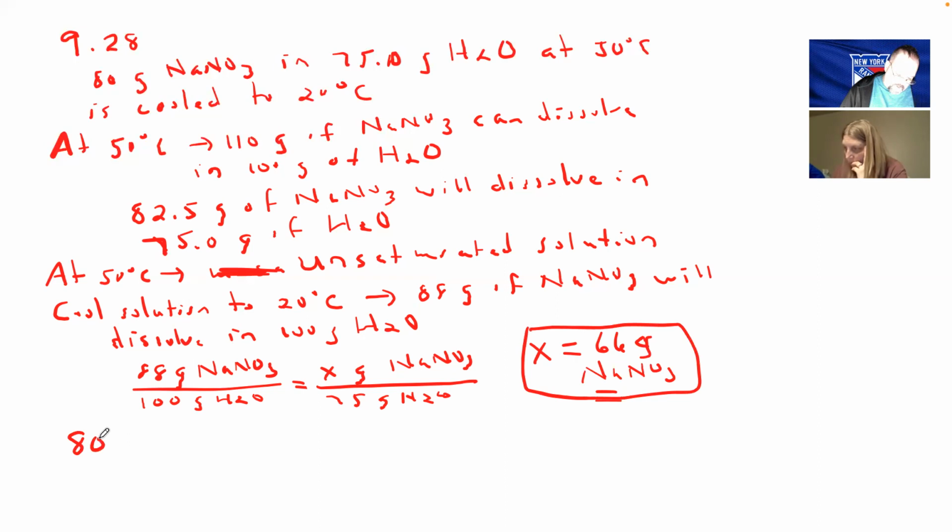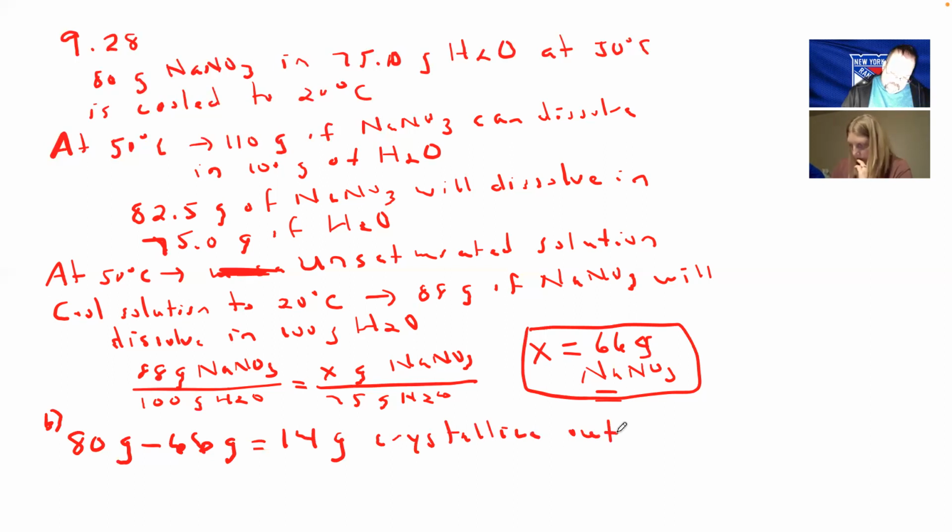Well, if we started with 80 and 66 are going to remain in solution, then 14 grams crystallize out. Because if you were to watch this as you were cooling, all of a sudden you would see solid form inside the liquid.